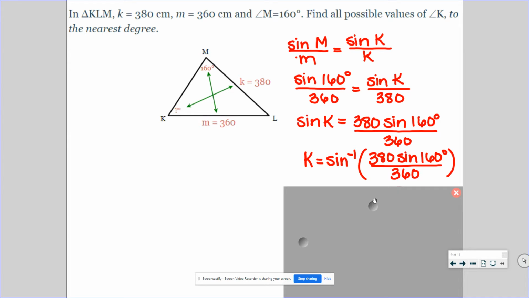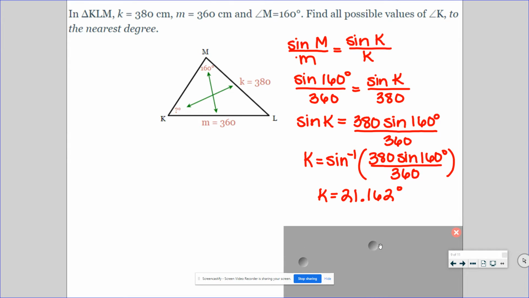I got a little bit lazy with my work and skipped a few things over here, but hopefully you're seeing that it's exactly the same thing as before. Inverse sine computation, you get 21.162. Okay, now 21.162 would be the angle measurement right here.